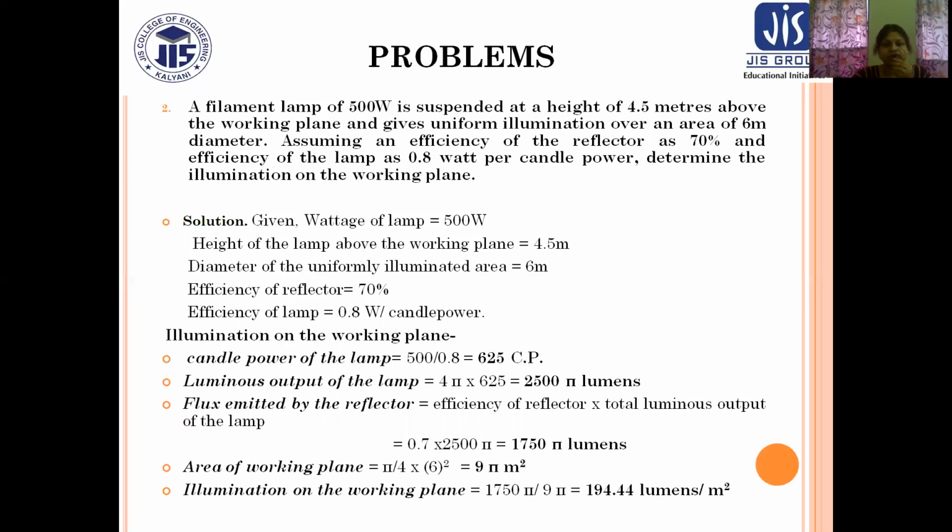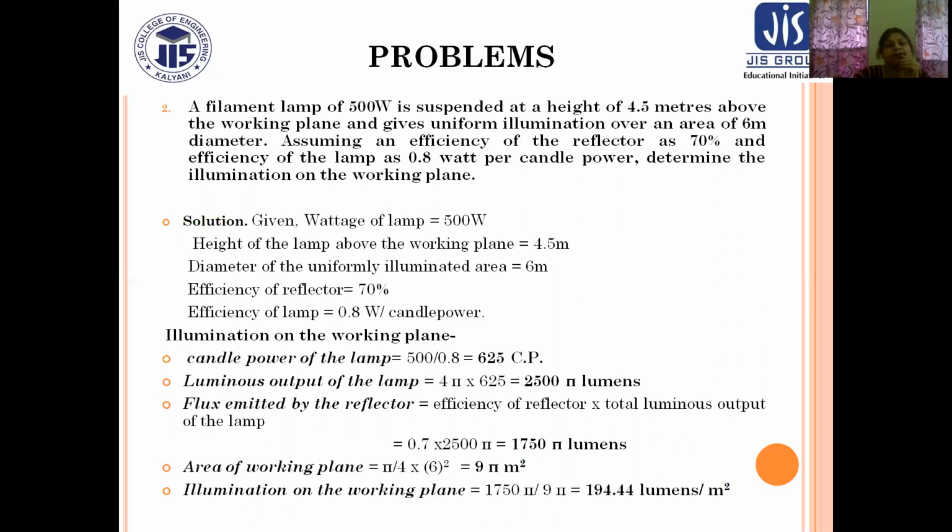So first of all, we should know the given criteria of the problem. What are they? Wattage of lamp is equal to 500 watt. Height of the lamp above the working plane is equal to 4.5 meter.